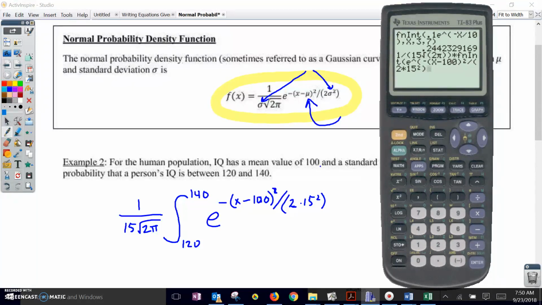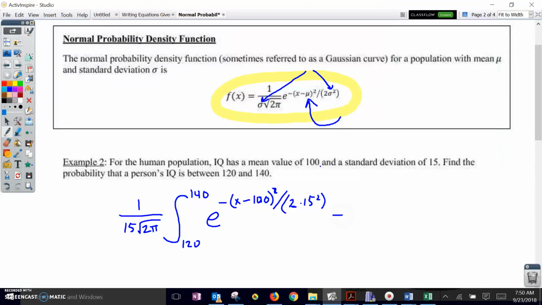Close that quantity, close the exponent, with respect to x from 120 to 140. And we get that the probability here is roughly 8.738%.